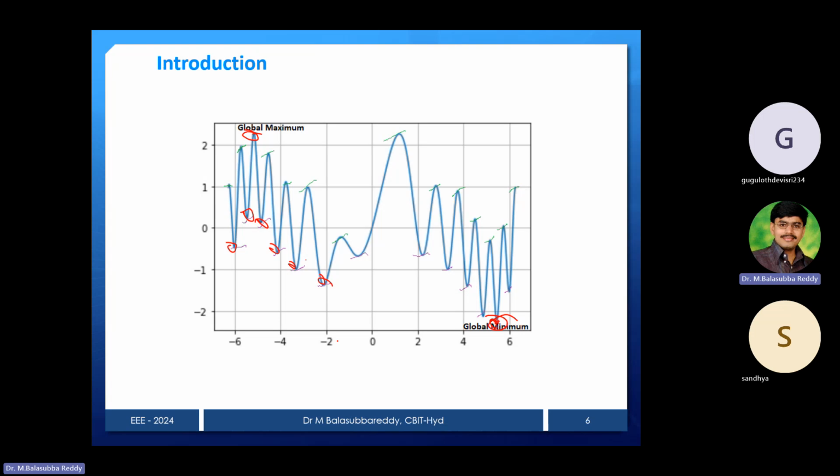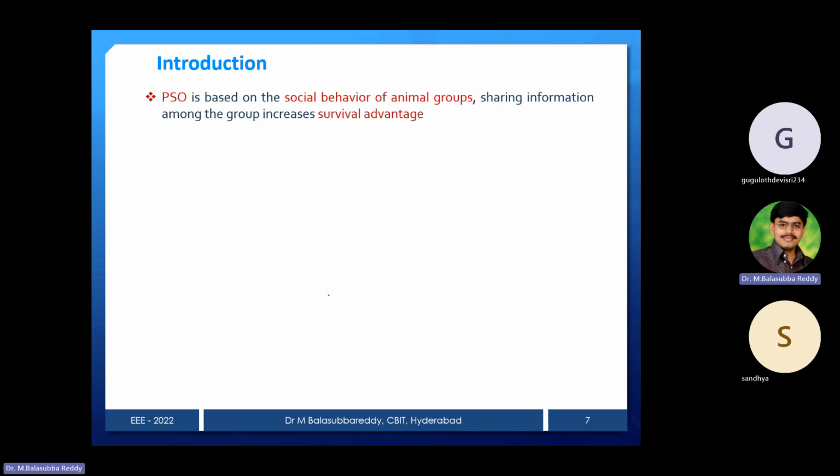Then they change their directions and positions to bring their p-best toward the g-best. Once someone is a topper, or their fitness is higher, they become the g-best. All the others follow the direction of the g-best so that they also reach the best solution. And now you can observe some more information: PSO is based on the social behavior of animal groups.